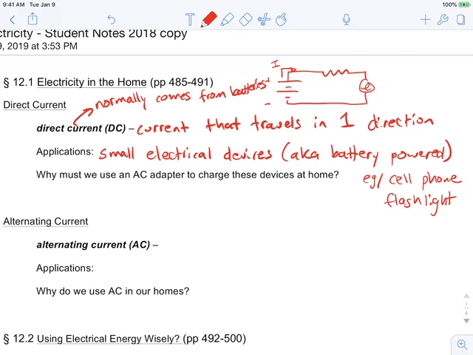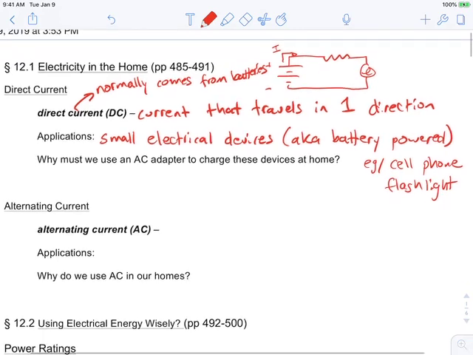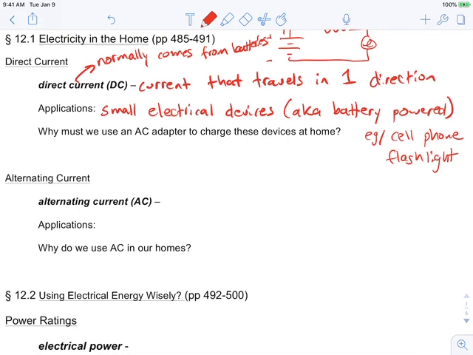Okay, so we have this direct current that normally comes from batteries, and if you've noticed, you probably don't use batteries to charge your phone anymore. You plug them into the wall. And the unfortunate part for us is the wall does not supply direct current, it supplies alternating current.